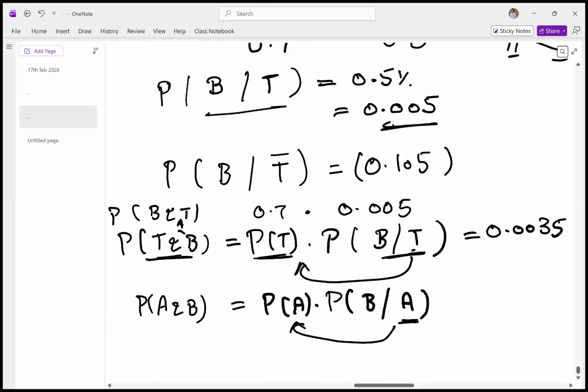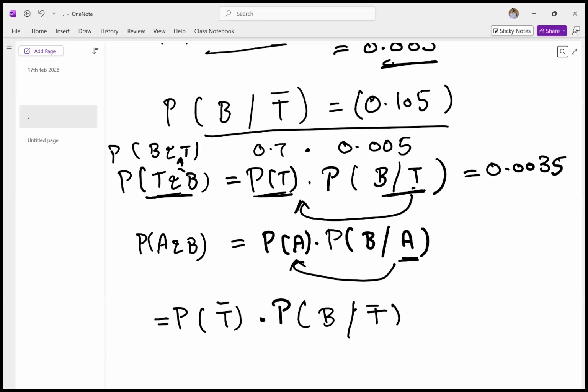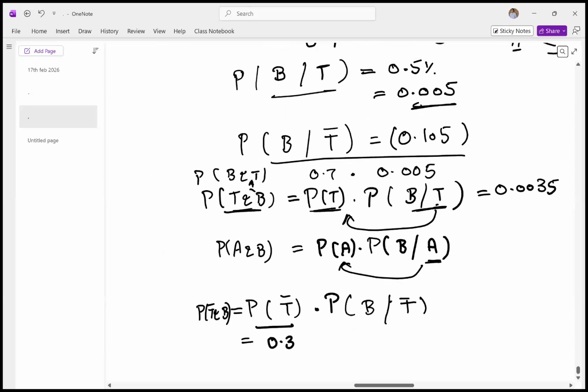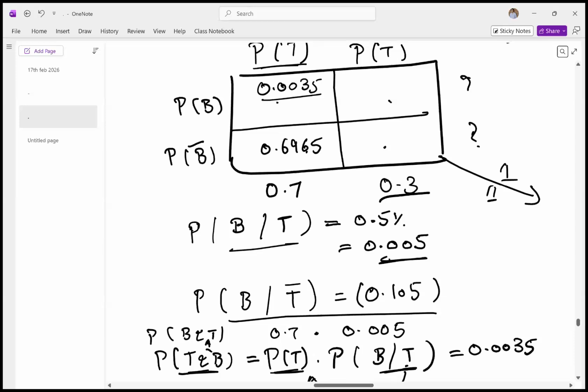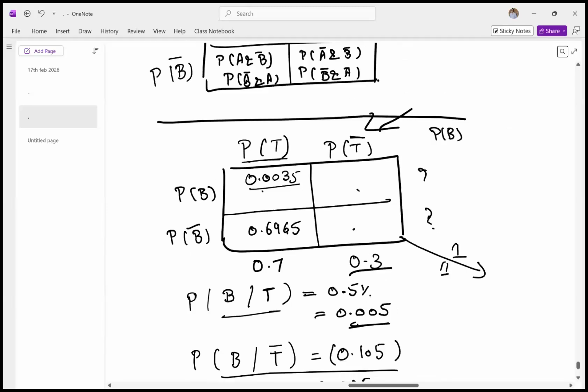All right, now I still need to fill in these values. Let's look at what else is given to me. This piece of information is given, P(B/T bar). To complete the formula, I will write P(T bar) in front, which equals P(T bar and B). The T bar value is 0.3, if I look back in this diagram. Oops, this computer is getting slow, that's why I was hesitant about moving back and forth.